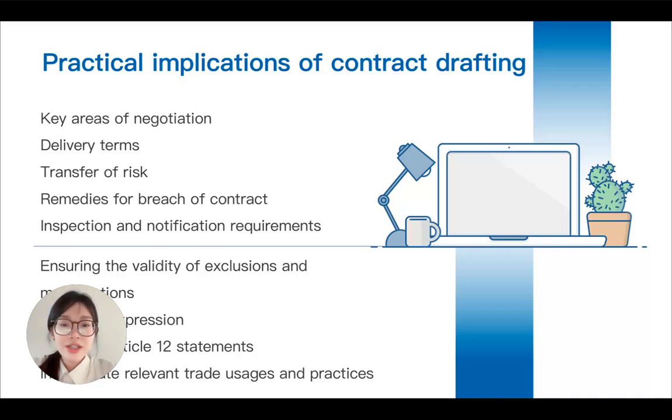Practical implications for contract drafting. Areas of negotiation. When drafting contracts under the CISG, parties often negotiate certain contractual areas, such as delivery terms, modifying the default rules on delivery obligations to better fit logistical arrangements.